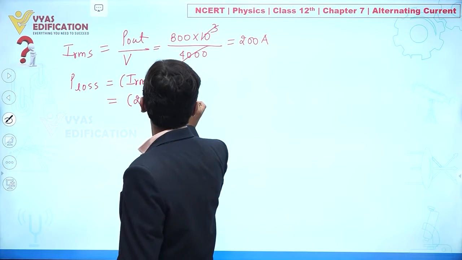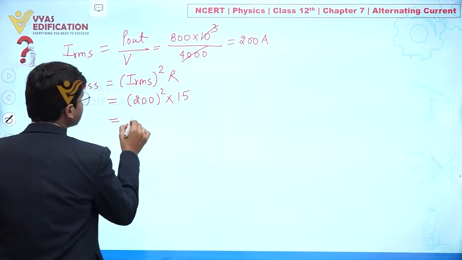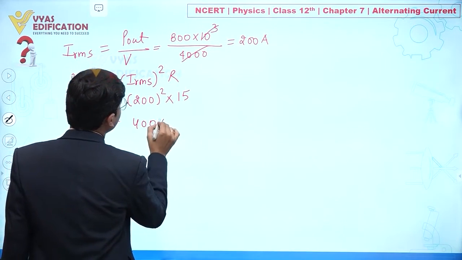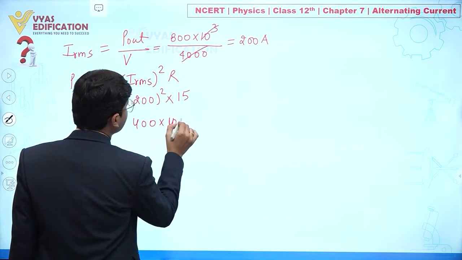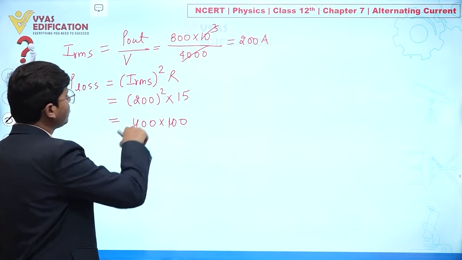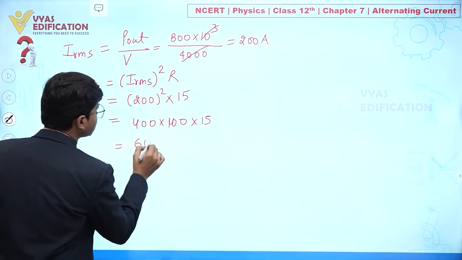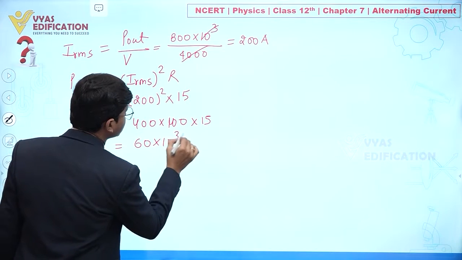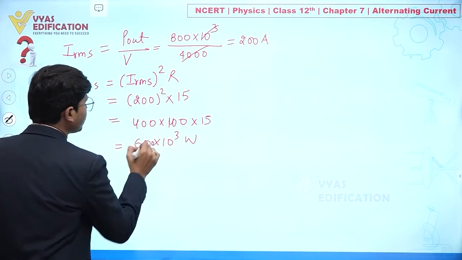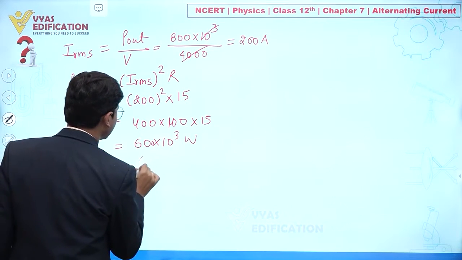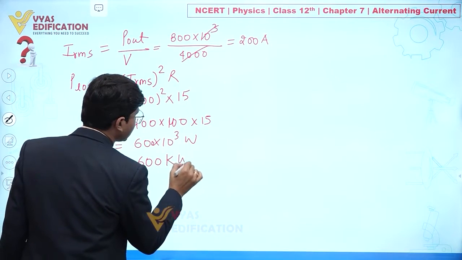So this is 400 into 100 into 15. From here this is 600 into 10 to the power 3 watt. So the power loss we are getting is 600 kilowatt.